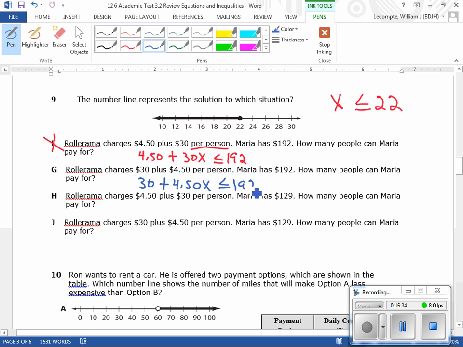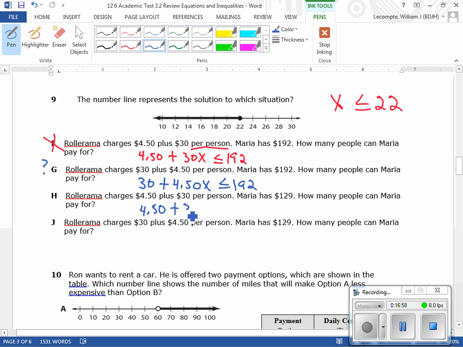All right, I think that's probably going to be the correct answer, but we're going to put a question mark there because I don't know the answer yet, right? So we're going to set up the two that I think are going to work, and then we're going to figure them out. So 450 plus $30 per person is less than or equal to 129.